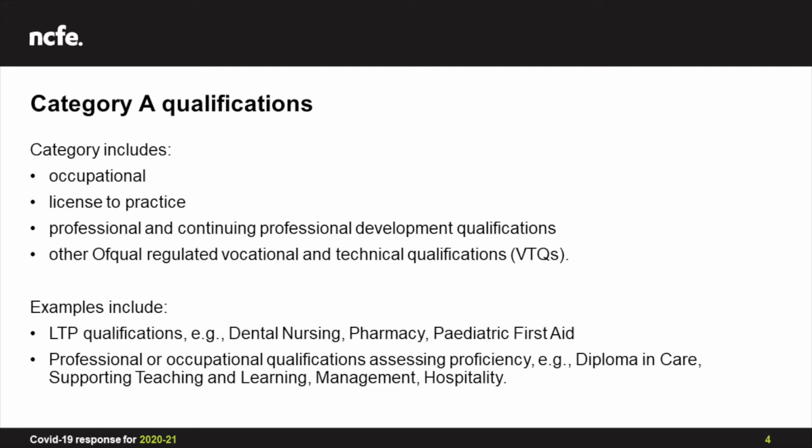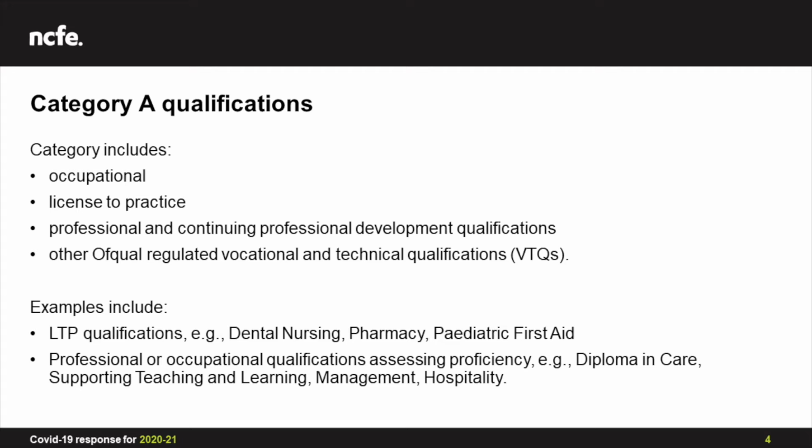Category A qualifications include most occupational, license to practice, professional and continuing professional development qualifications, and some other Ofqual regulated vocational and technical qualifications, or VTQs, which are not typically used to support progression.